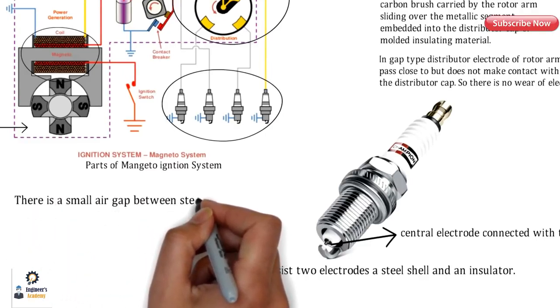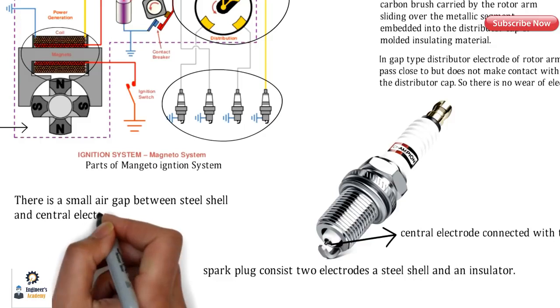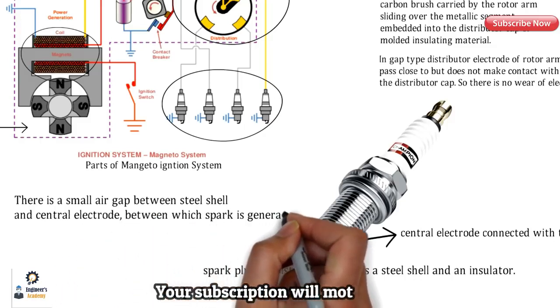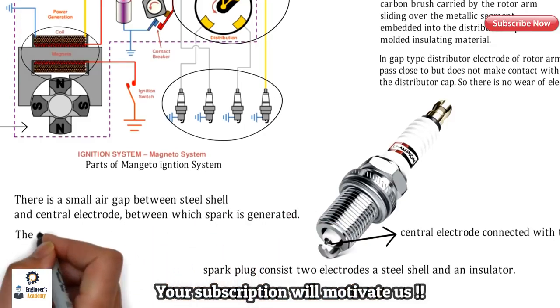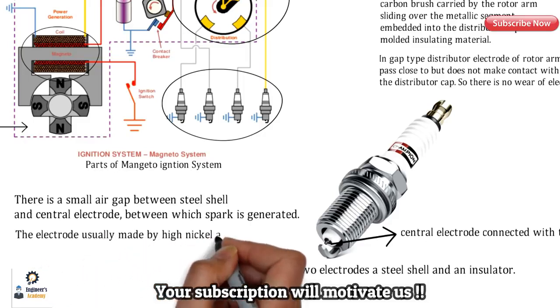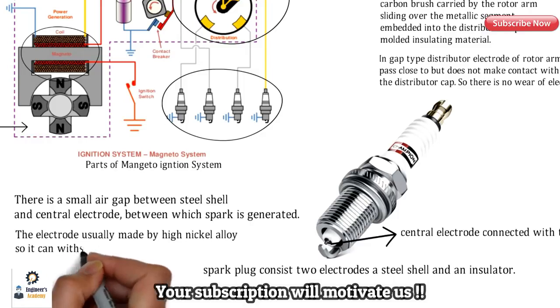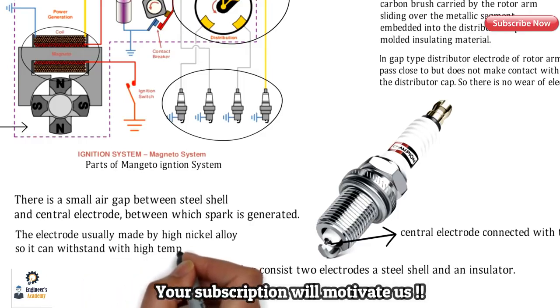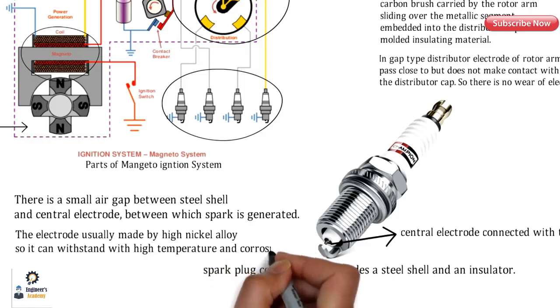So guys, there is a small air gap between the steel shell and the center electrode, between which the spark gets generated. The electrode is usually made of a high nickel alloy, so it can withstand high temperature and has corrosion resistance.